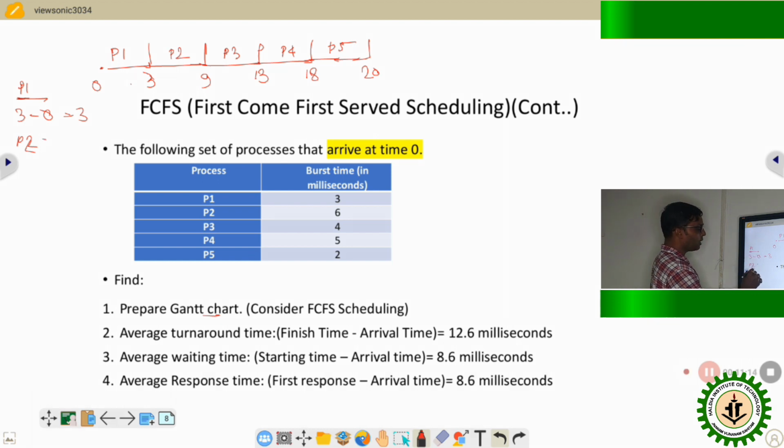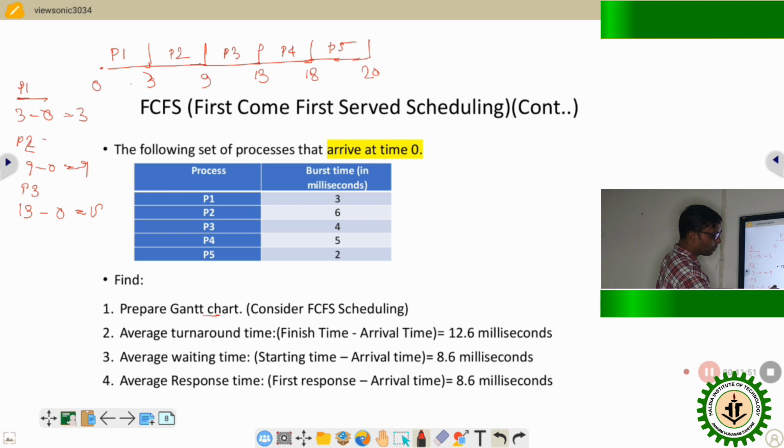Finish time of process P2 is 9 minus arrival time, which is again 0, so it is 9. P3's finish time is 13 minus arrival time 0.